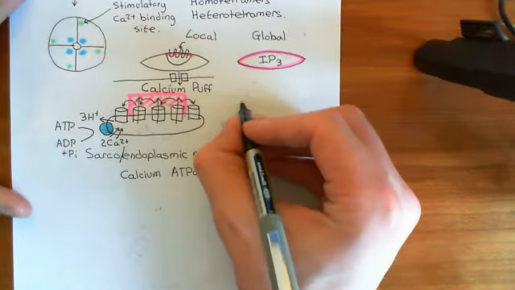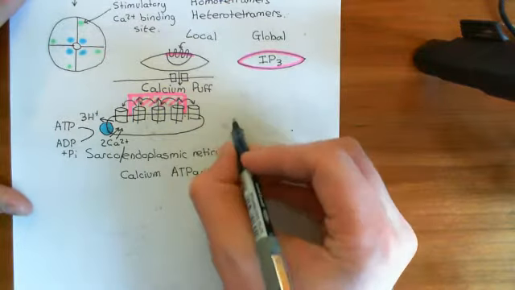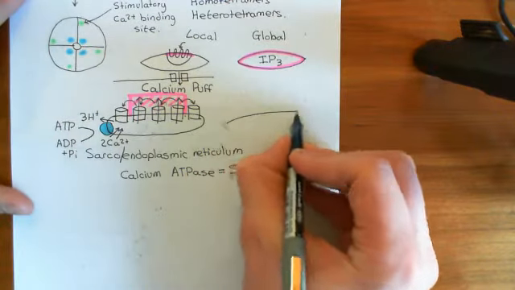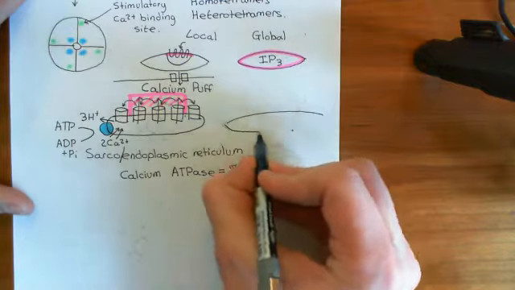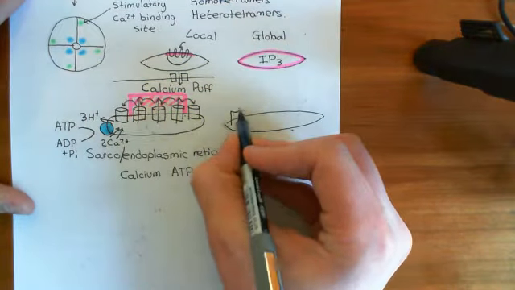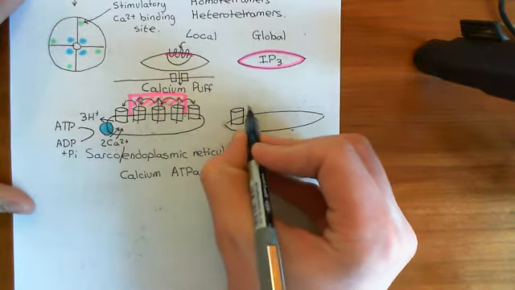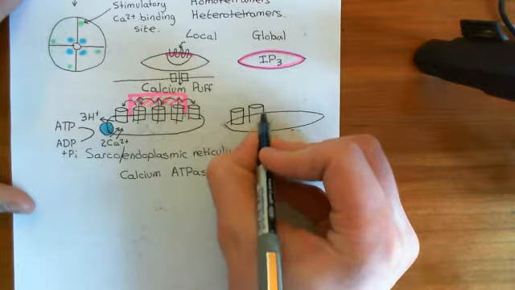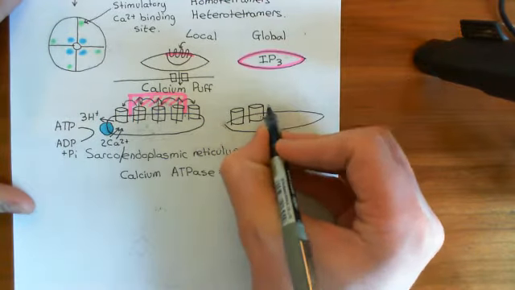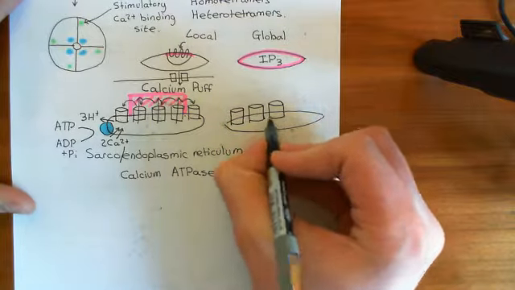That means that along the entire length of the ER, you are going to have IP3 bound to the IP3 receptors. Okay, so if this is the ER, all of the IP3 receptors in the ER membrane are now going to have IP3 bound to them. So they will all be in this state where calcium can actually activate them. And this is going to trigger a calcium signal known as a calcium wave.